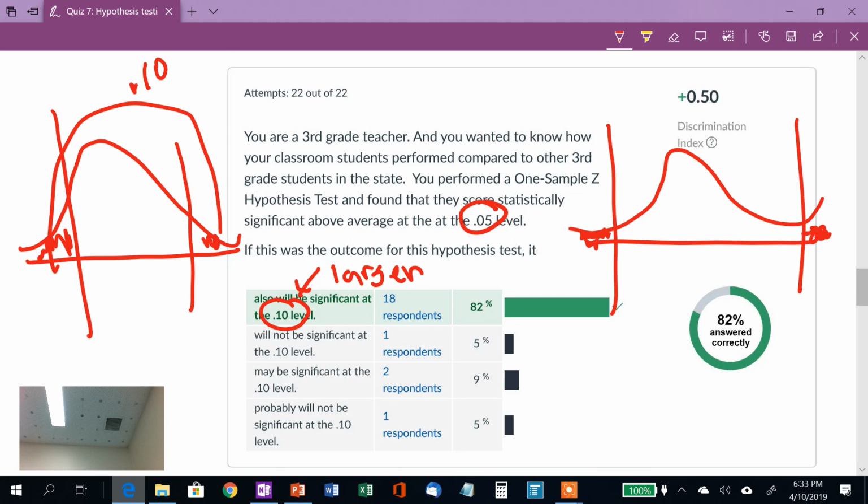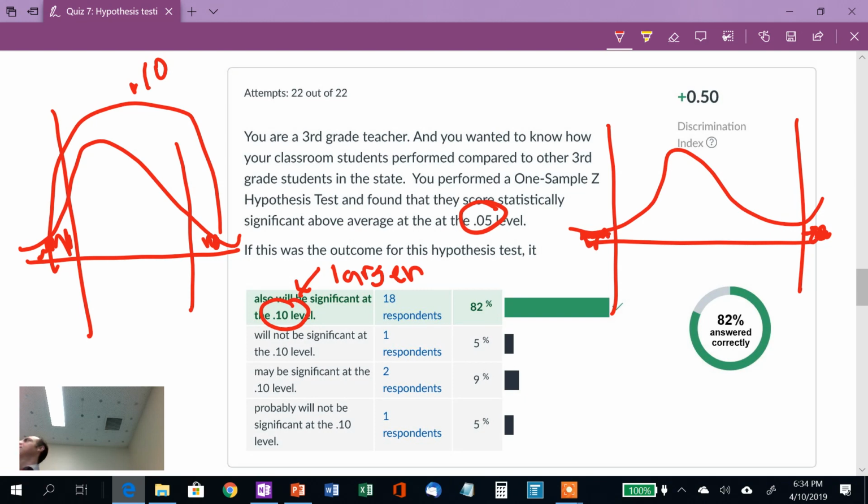If I were to change it and say 0.1, would it still be significant at the 0.05? The answer is no. If it was significant at the 0.01 level, I could definitively say it will also be significant at the 0.05 level, but not the other way around.